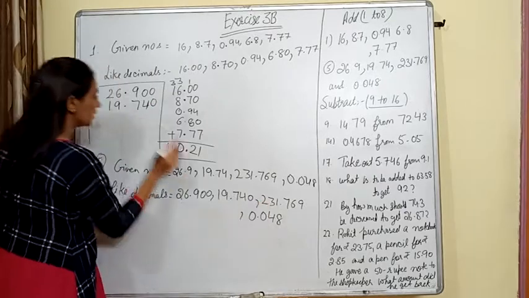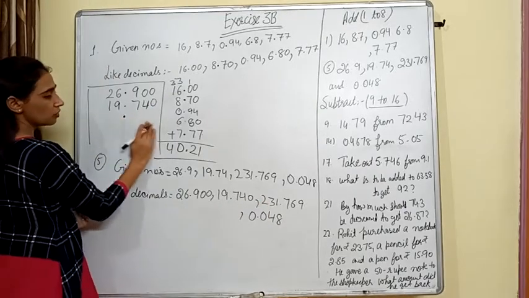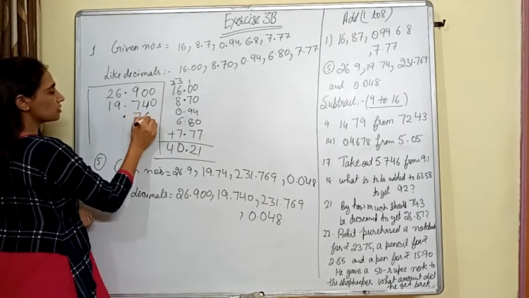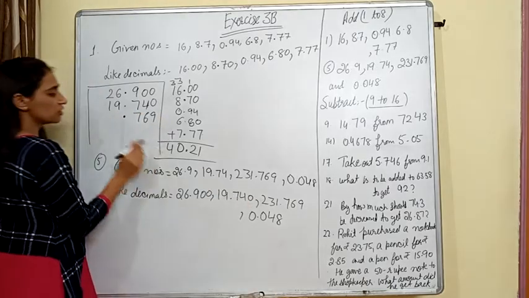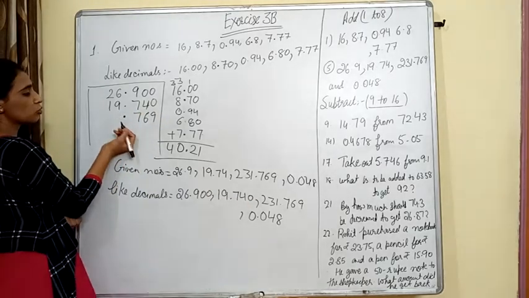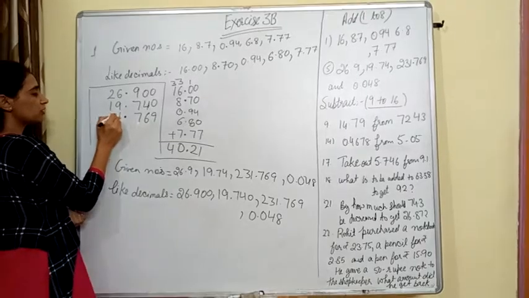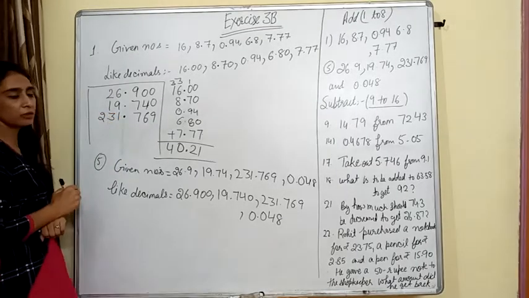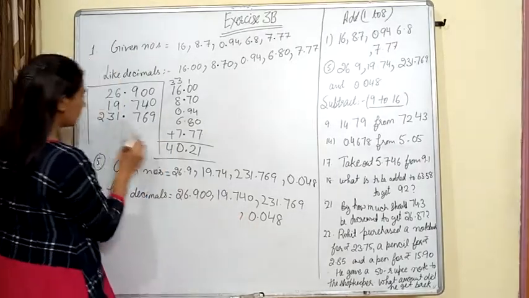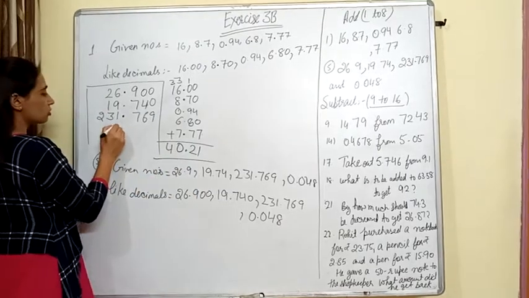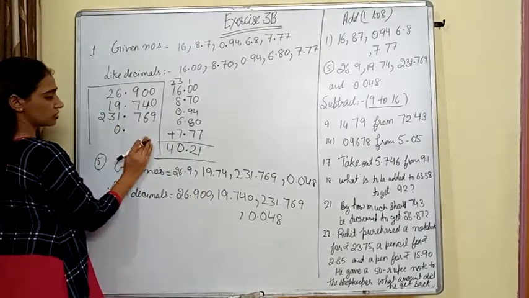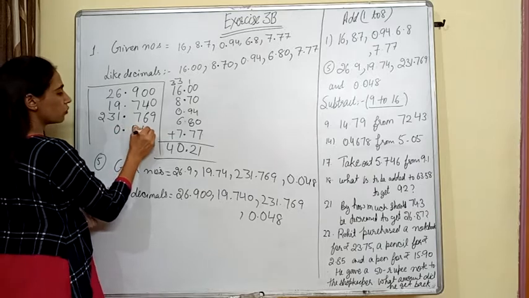After that, put the decimal point. What is after the decimal? 769, and before the decimal 2, 3, 1. Now plus 0 point after the decimal 048.